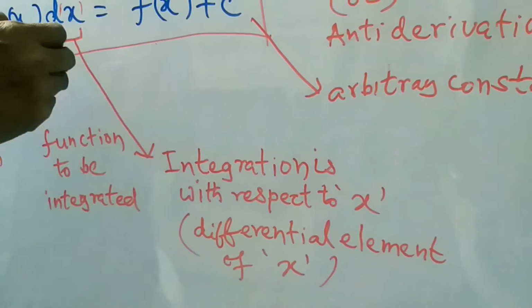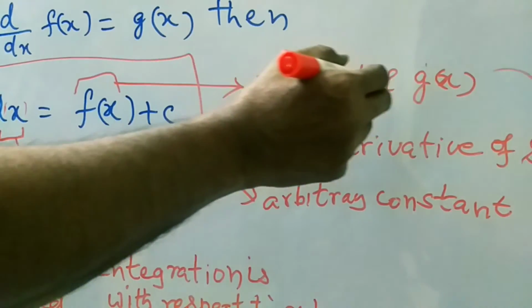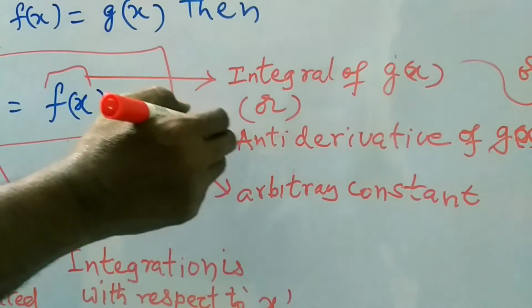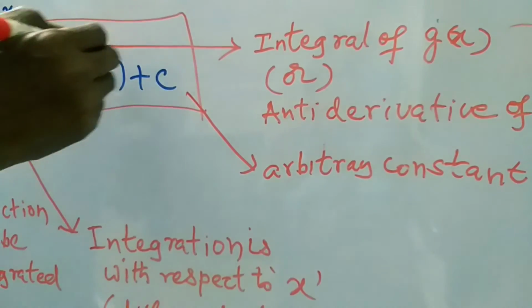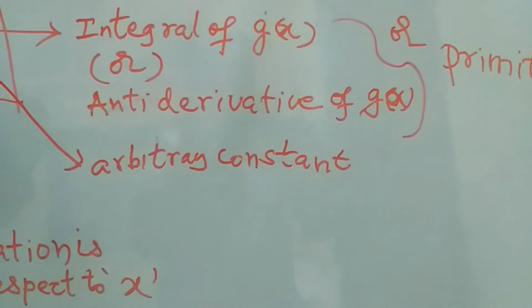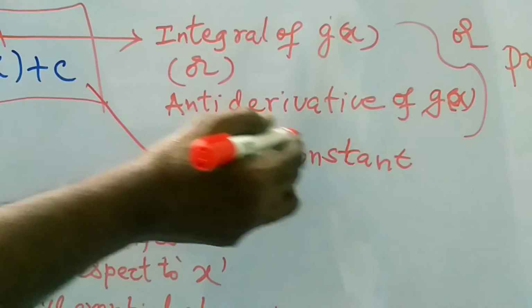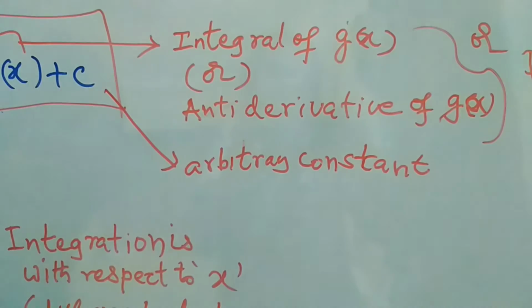Here f of x is the integration of g of x, or the antiderivative of g of x, or the primitive. And c is the arbitrary constant.